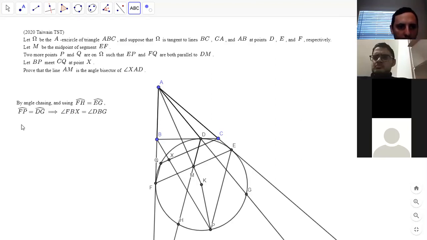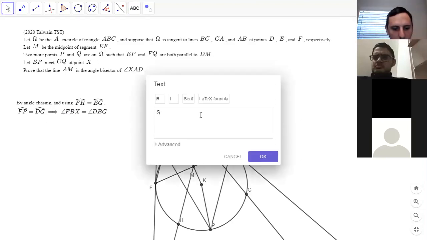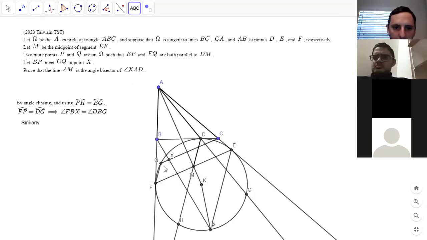Why is angle FBX equal to DBG? Because BF and BD are tangents to the circle. So if FP is equal to DG, then by symmetry, because the whole thing's symmetric, since BF and BD are tangents, if this arc is equal to this arc, then those angles will be equal.